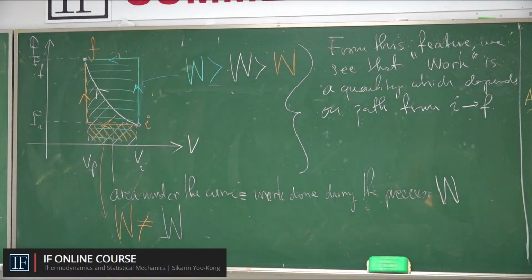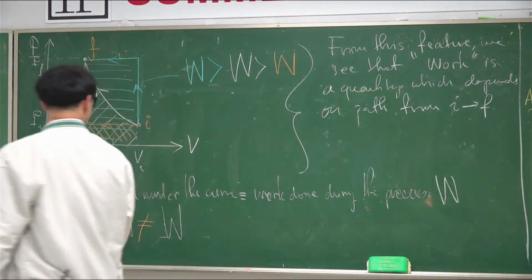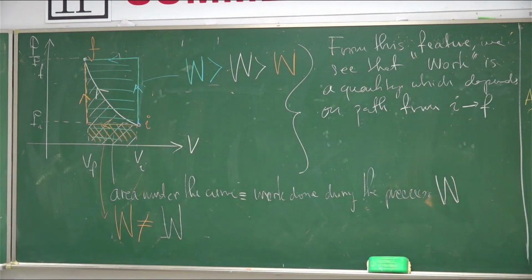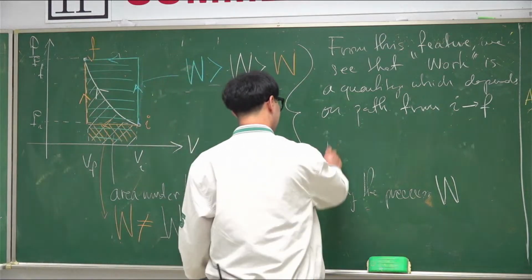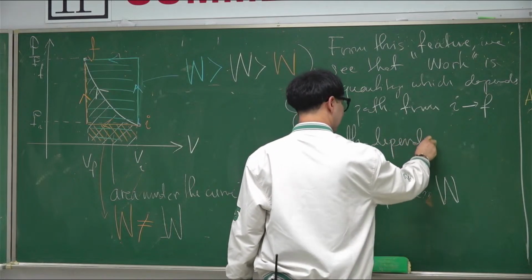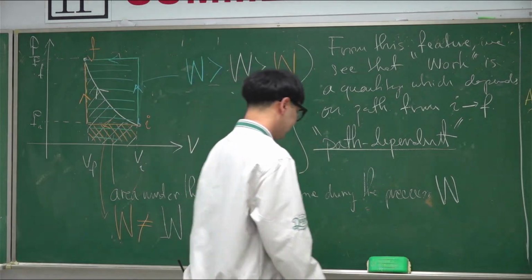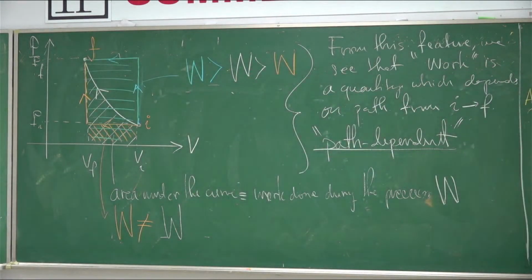And again, this is a very interesting point, because in the last lecture, we studied a quantity that possesses a path independent feature, right? But this is not the one. This is path dependent.